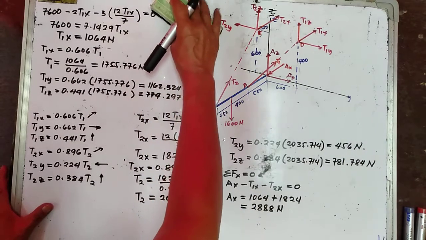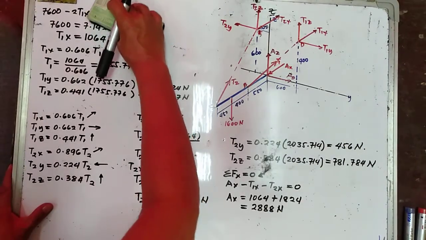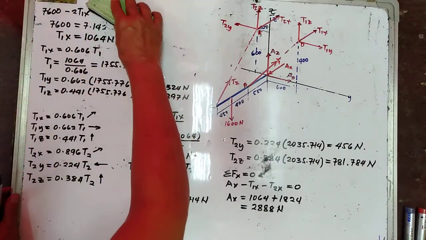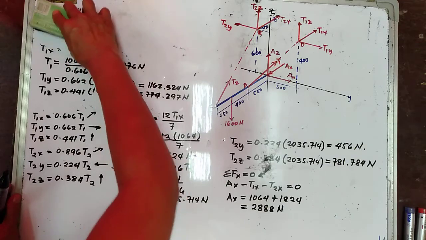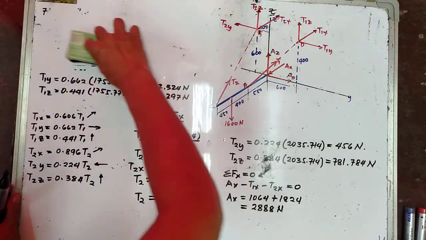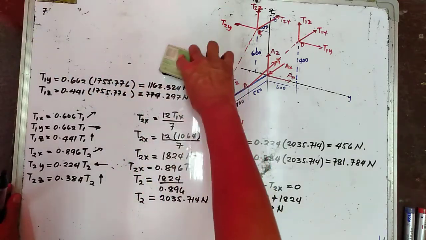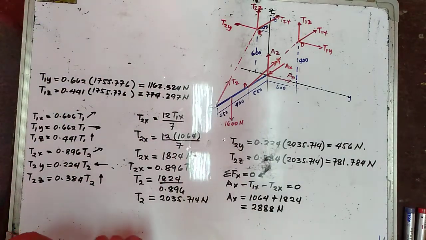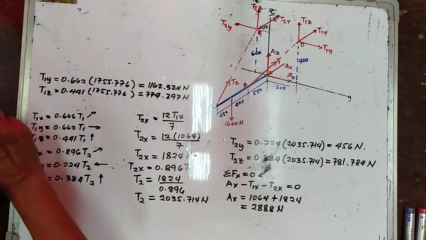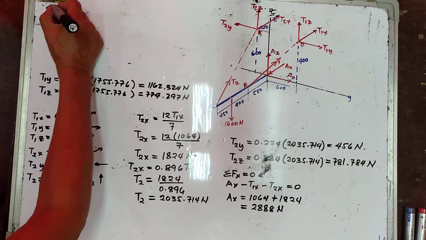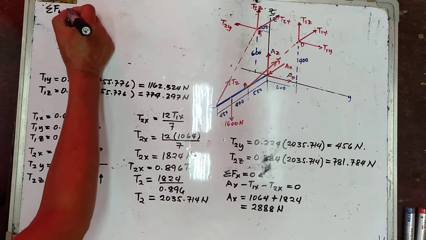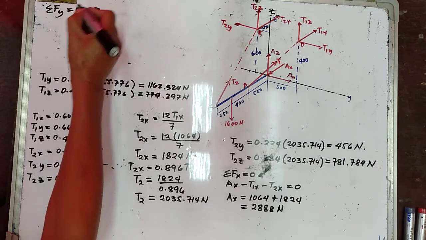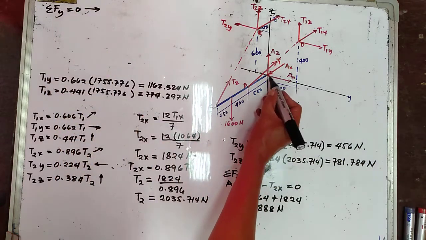And then next, summation of forces in the y direction is equal to 0, to the right forces positive.